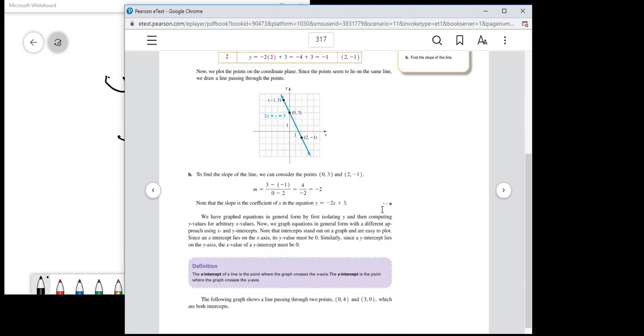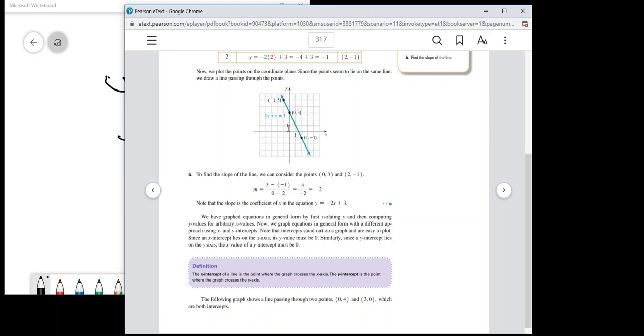Then they talk about 2 other points here, the x-intercept and y-intercept. Again, I'm not going to focus a lot on these, but the intercepts we talked about are where there's a point right on the axis. On this x-axis, you see there is a point right there, and it looks like it's about 1.5.